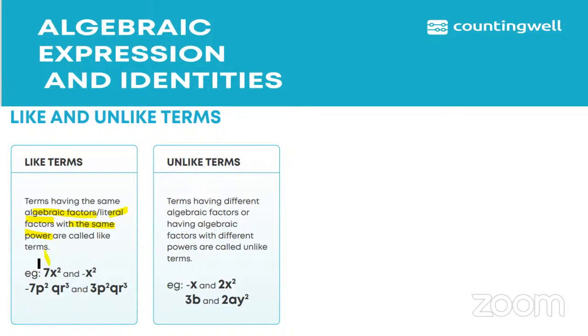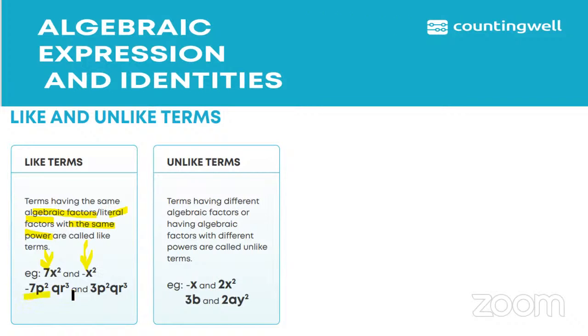The numerical factor of 7x square is 7, whereas for minus x square it is minus 1. The algebraic factors for 7x square are x and x, and for x square also x and x. They also have the same power, because we see x square in both terms. So they are like terms.